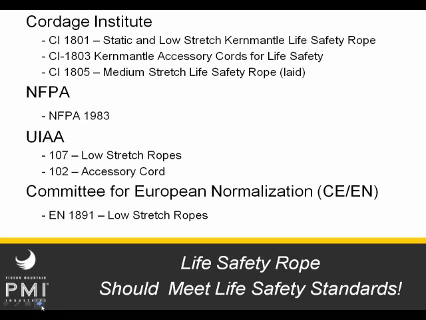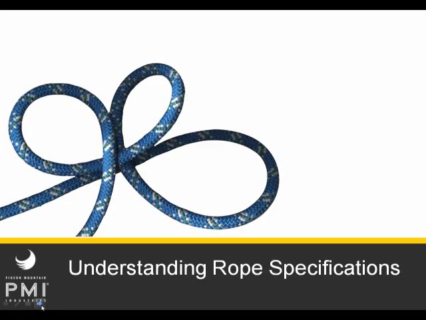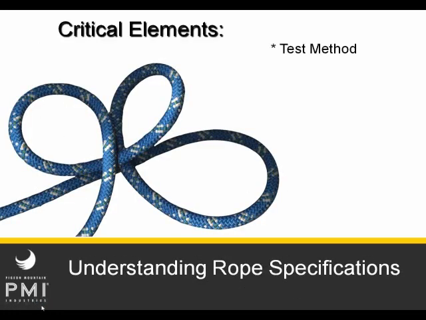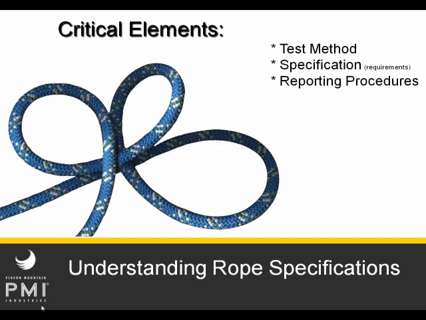So there is a difference between test methods and specifications. So first we need to understand how the ropes are tested, and then we need to understand what our own needs are, the specifications. And then finally, we need to understand the relationship between how the numbers are reported and what it is we need.